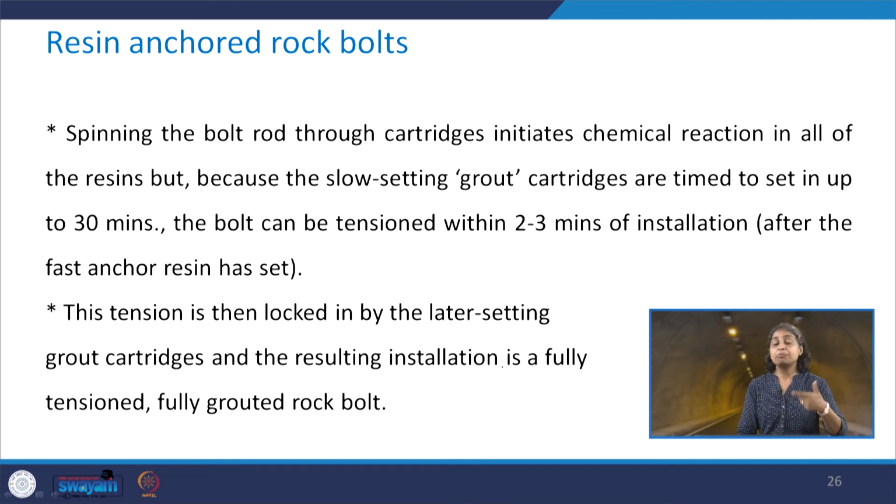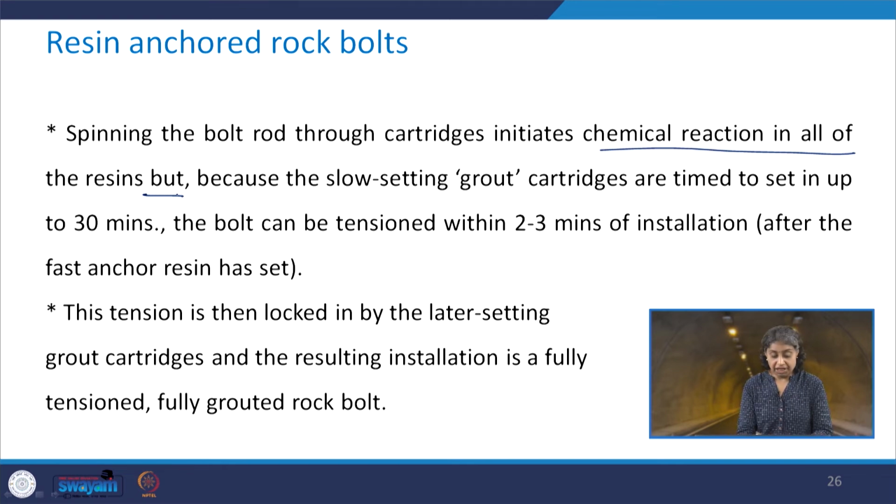Now spinning the bolt rod through these cartridges, which are the combination of the fast setting at the end of the drill hole followed by the slow setting one, initiates the chemical reaction in all of the resins.